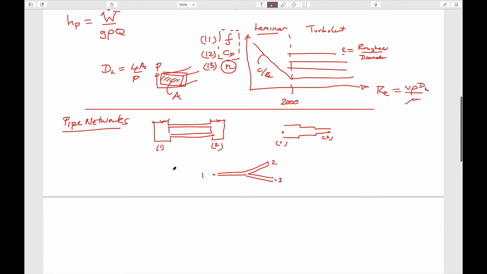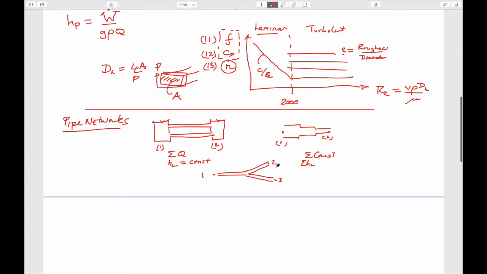And so they differ slightly in that here the flow is equal to the sum of the volumetric flow rates, but the head loss between upstream and downstream is constant for all pipes. In this, the flow is constant and the head loss is summed as you go down from one to the other.